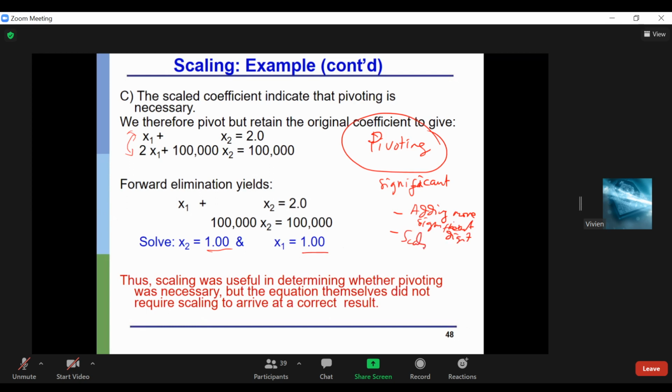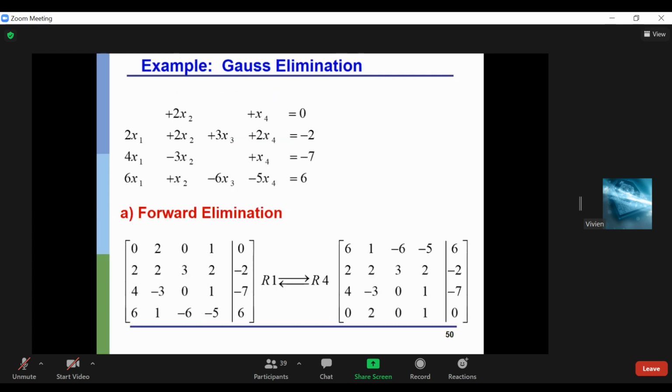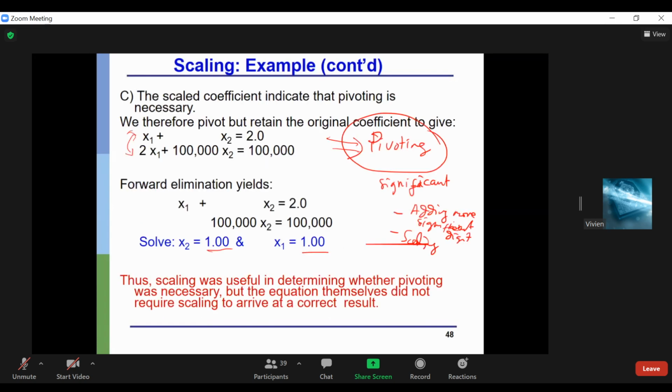Scaling as well. Scaling does not have a direct effect on the calculation, but instead it will help us in determining which rows to be pivoted. Okay, so these are some methods to improve the Gaussian elimination calculation. Now, any questions before we discuss the example?